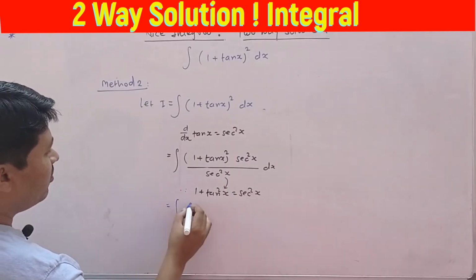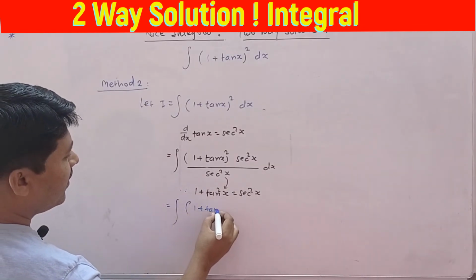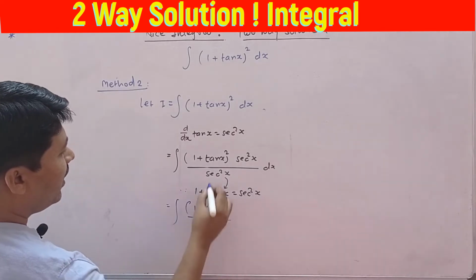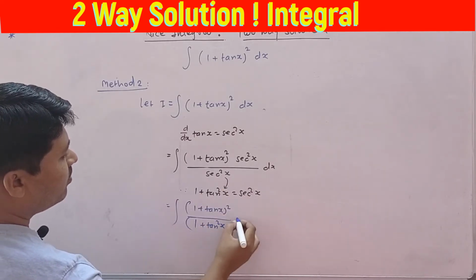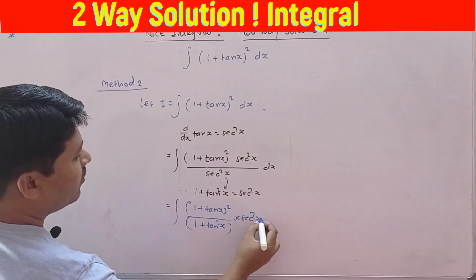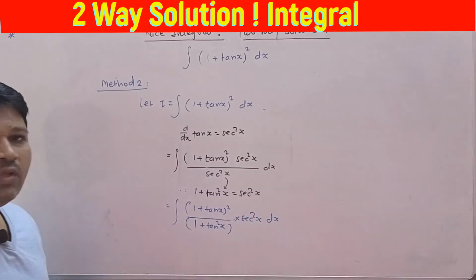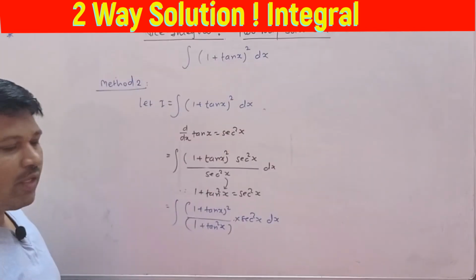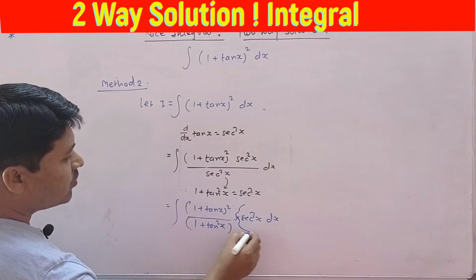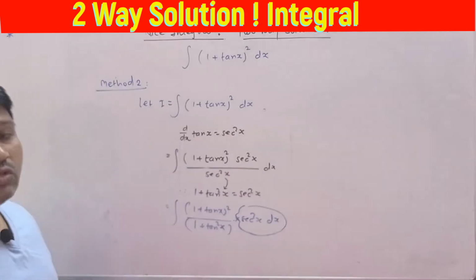Therefore this integration becomes (1 plus tan x) whole square divided by (1 plus tan square x), times sec square x dx. Now observe that the derivative of tan x is sec square x, and the term sec square x dx is present, so we can use the substitution method.